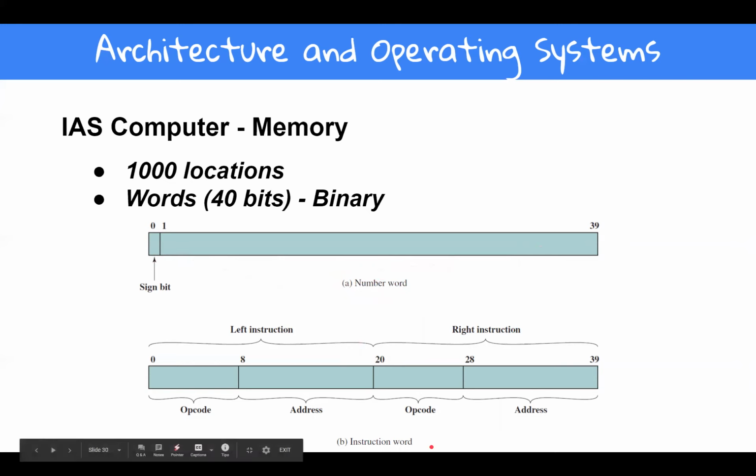What about the program or instruction? They use another word called the instruction word, with two parts of 20 bits together: a left instruction and a right instruction. They use 8 bits for the opcode and 12 bits for the address, for example for the left instruction.